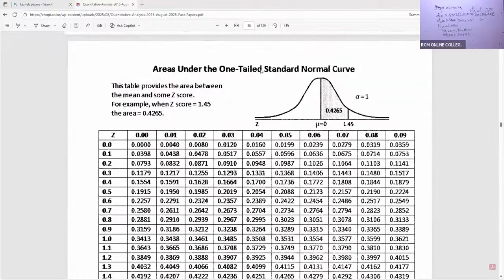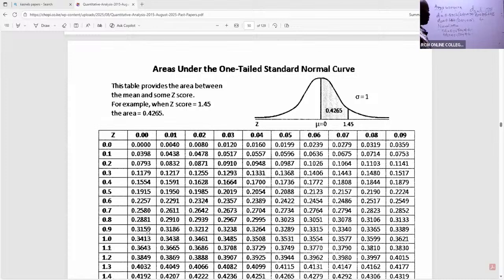Here is the normal table, one tail, standard normal curve. We start with D1. D1, ladies and gentlemen, is 0.90. So 0.90 is here, and you can see the entry is 0.3159.